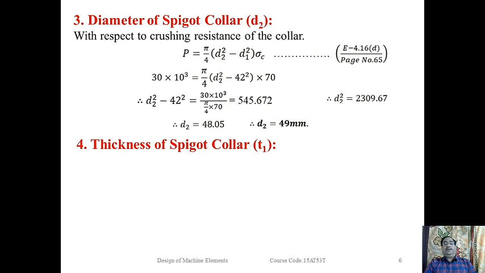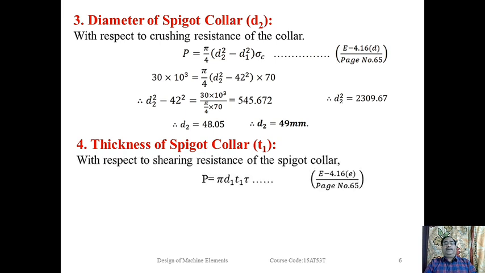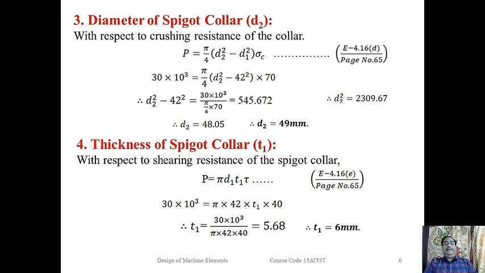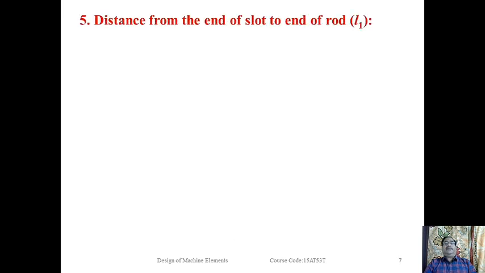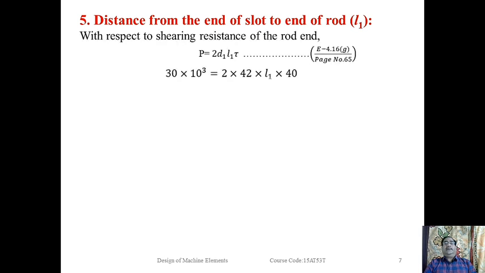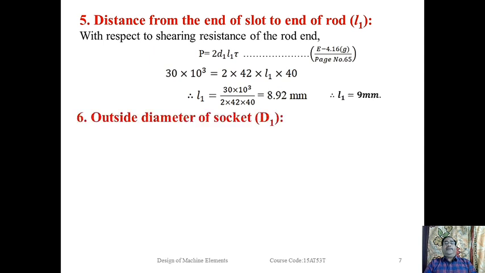Similarly, fourth one, the value of T1 is 6 mm by using the equation 4.16E. Next, fifth one is the distance from the end of slot to end of rod, that is L1. So by using the equation 4.16G and doing the simple calculations, L1 comes 9 mm.